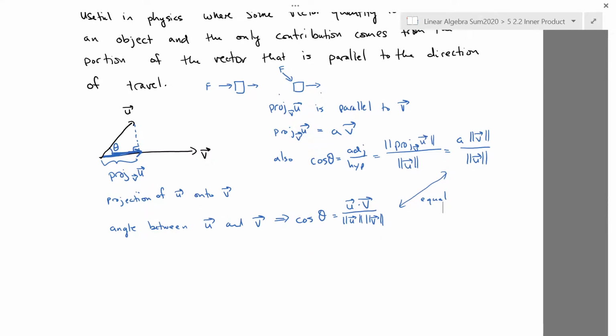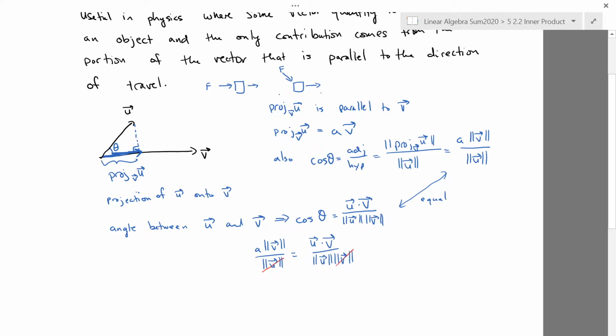So what do we have? a times the length of v over the length of u equals u dot v over the length of u times the length of v. The length of u is in both denominators, so they cancel out.